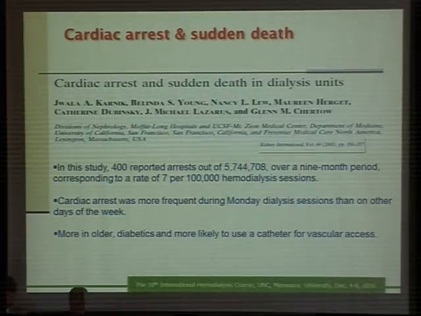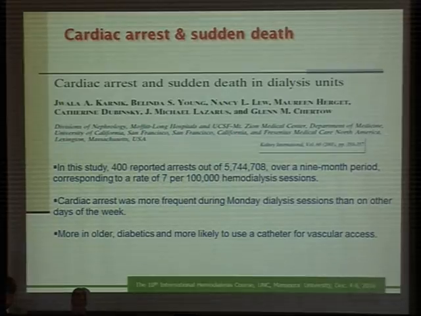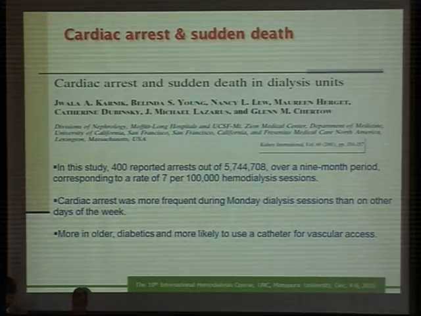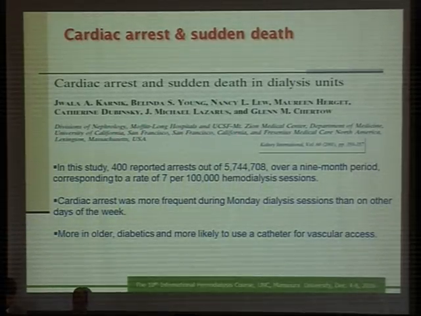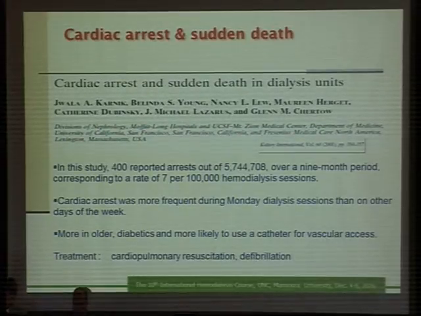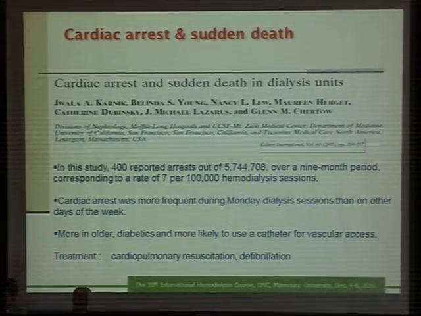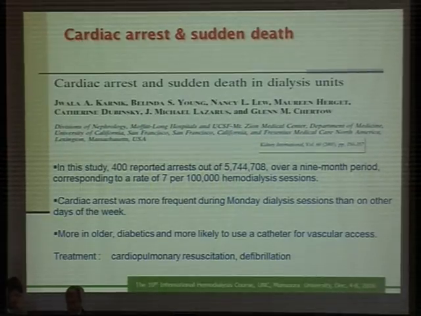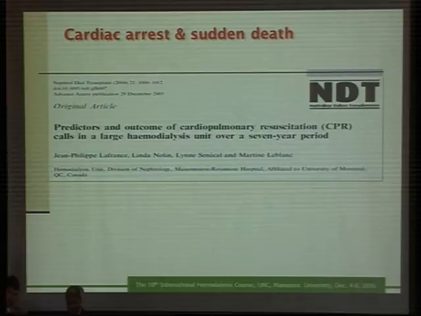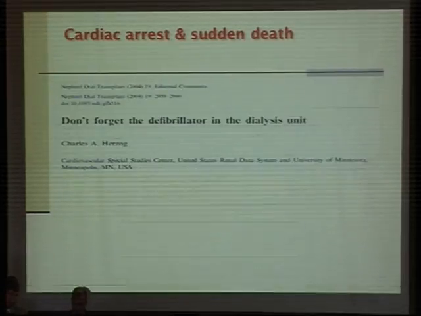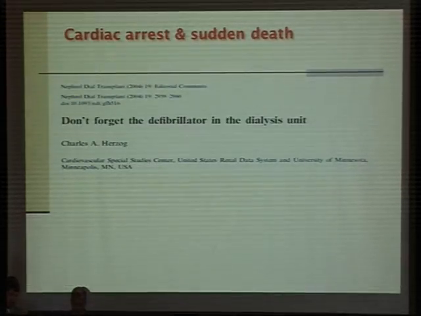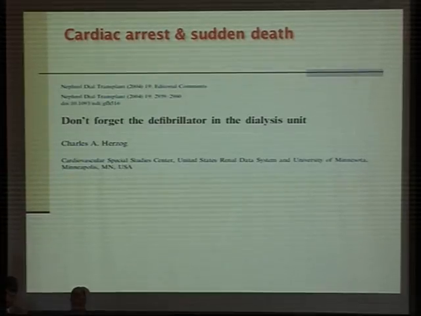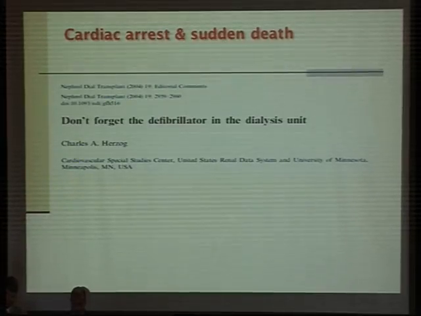And it occurs more in older, diabetic patients and patients dialyzed through catheters. And of course, the treatment used for those cases was cardiopulmonary resuscitation with defibrillation. So please don't forget the presence of a defibrillator in the dialysis unit.